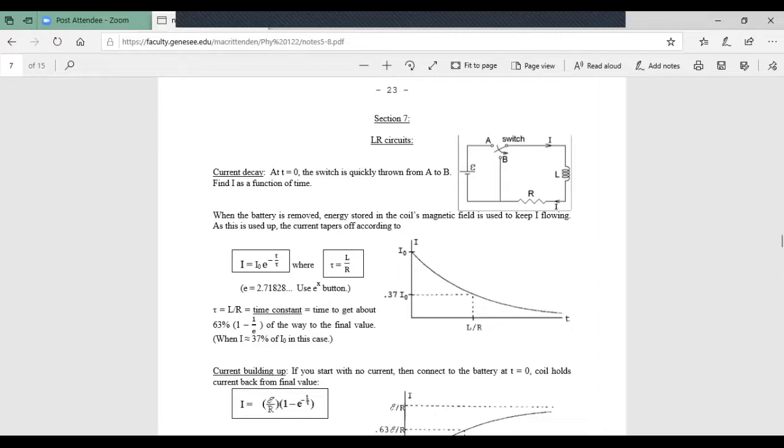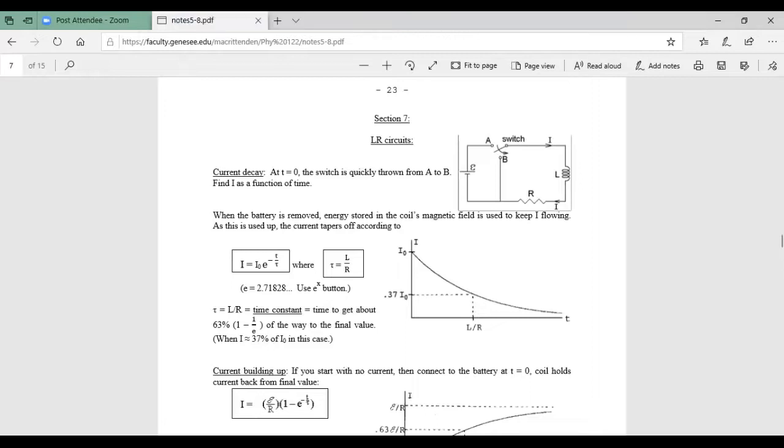The way I phrased it in the write-up here is to say that's the amount of time to get about 63%, to be precise, 1 minus 1 over e. e is a transcendental number like pi. It goes on and on forever without terminating or repeating. It's used as a base for a natural logarithm. You can just think of it as a button on your calculator.